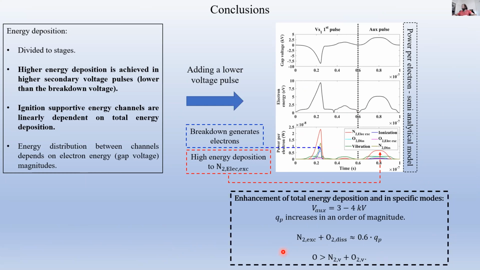Those two channels, which were important for us, got 60% of the total coupled energy, which is much more. And even the oxygen channel alone is now larger than the vibrational channel. So that's pretty much what we wanted to achieve.